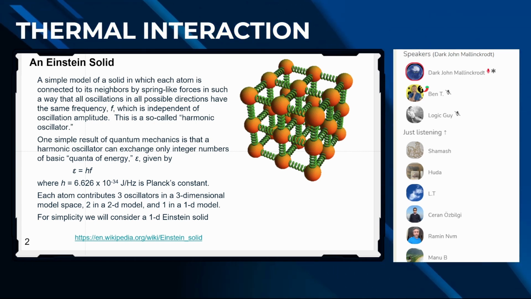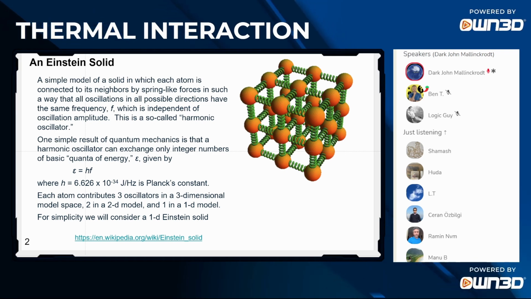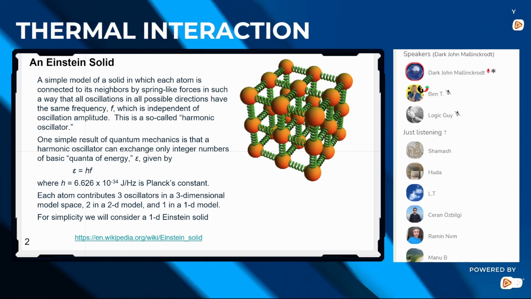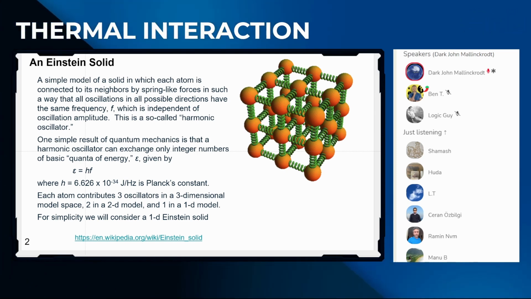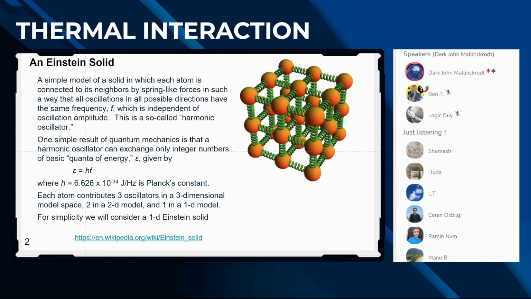Each atom contributes 3 oscillators in a three-dimensional model. That is to say, if you have a model like the one shown on this page, each one of those atoms can oscillate back and forth in the x direction, the y direction, the z direction.